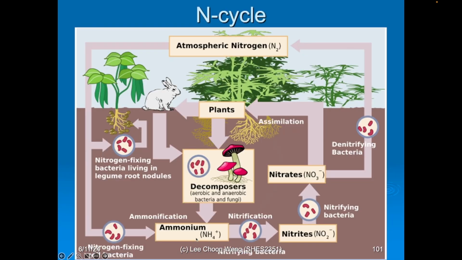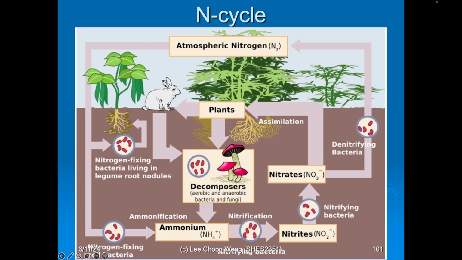So this chart shows the nitrogen cycle, where ammonification occurs by decomposers, and the ammonium that is formed undergoes nitrification to nitrite and then nitrate. Then nitrate is again assimilated by plants, and plants are consumed by animals.